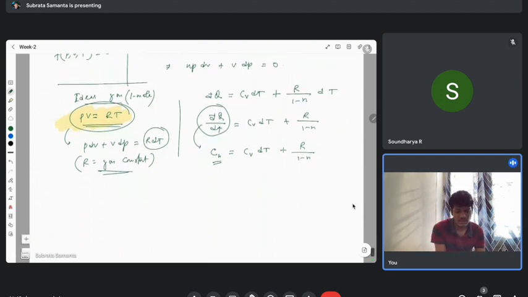The corresponding heat capacity is Cn, which is Cv plus R by 1 minus n.